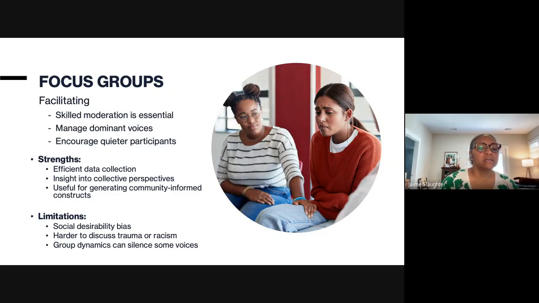I think we covered everything. The only limitation that I didn't cover in the previous slide was social desirability bias.